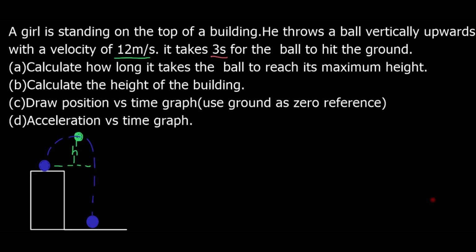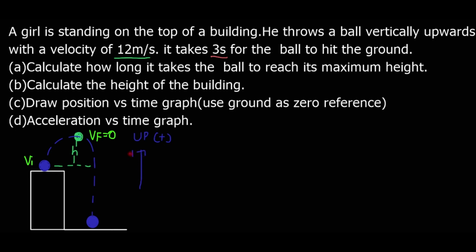We know that when this object reaches this maximum height, the velocity is 0. So we have the information: the initial velocity, and the final velocity at the maximum height. Let's say we choose upward as positive, because we must always choose a direction.